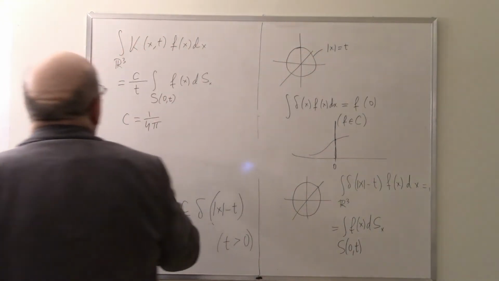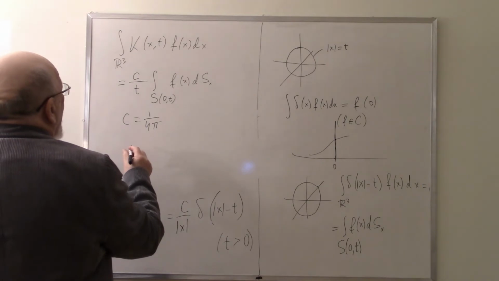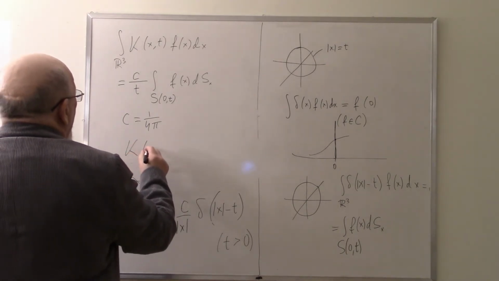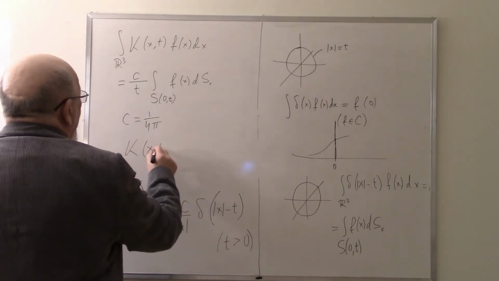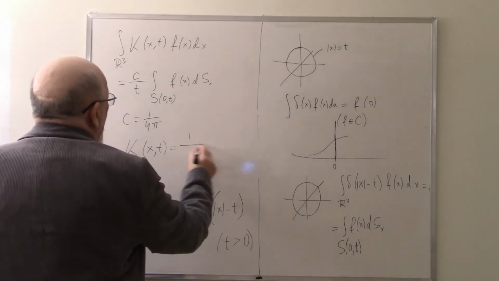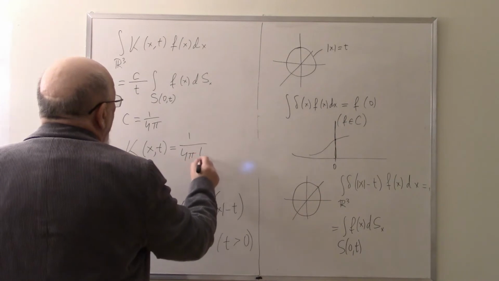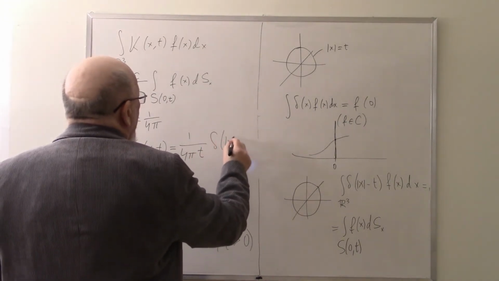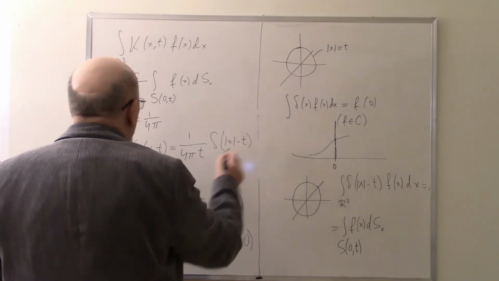So again, k of x t equals 1 over 4 pi t delta of module x minus t.